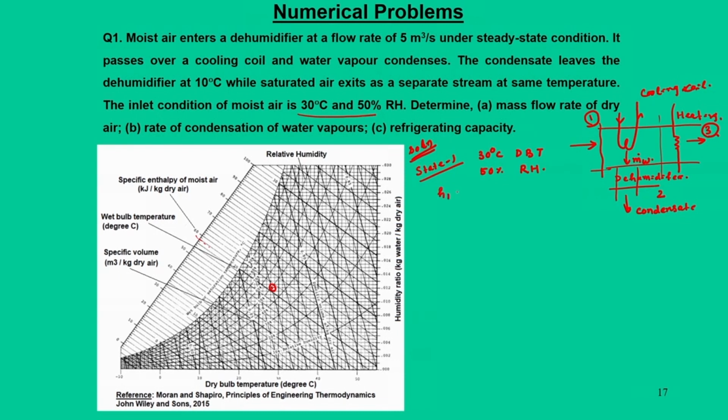One is h1 equal to 58 kilojoule per kg dry air. We can also find out omega 1, which is 0.01333 kg per kg dry air.